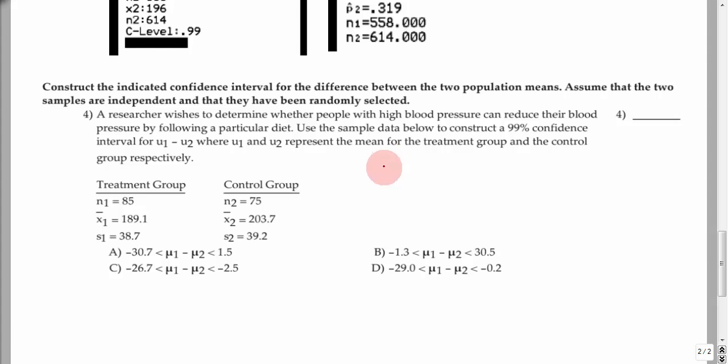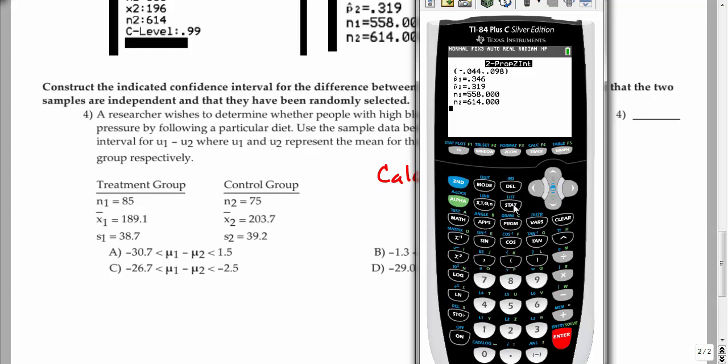So for our calculator, this is a 2 sample T interval, and let's go ahead and find that right away. Stat, tests, 2 sample. No, this is a Z interval for my first one, but there's the T interval that I want to use.